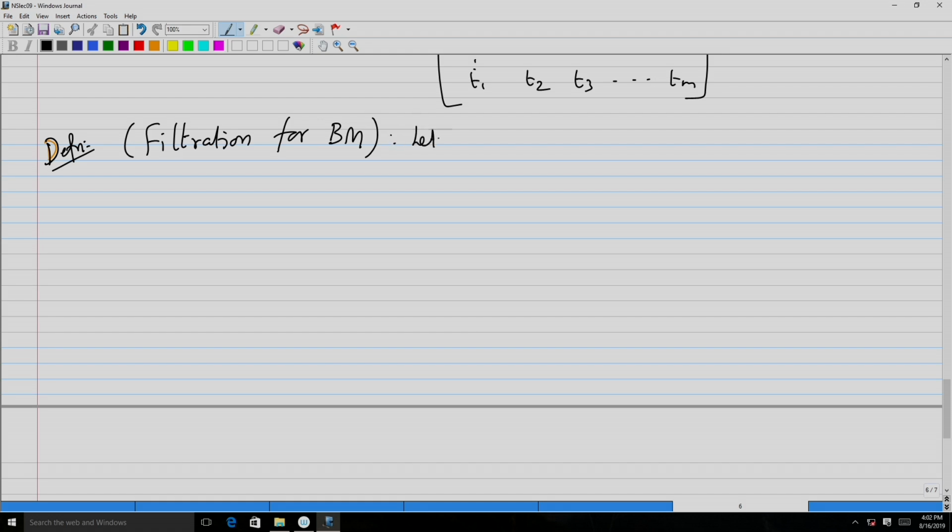Let W(t) be a Brownian motion defined on some probability space.